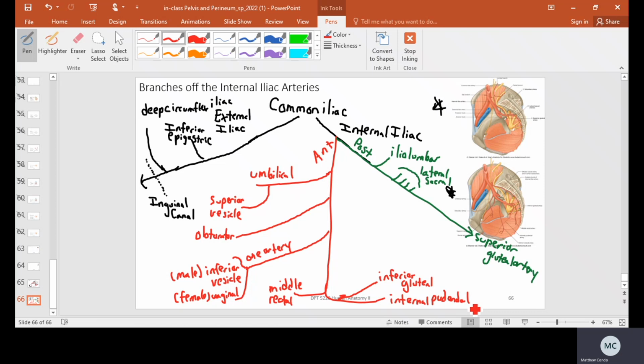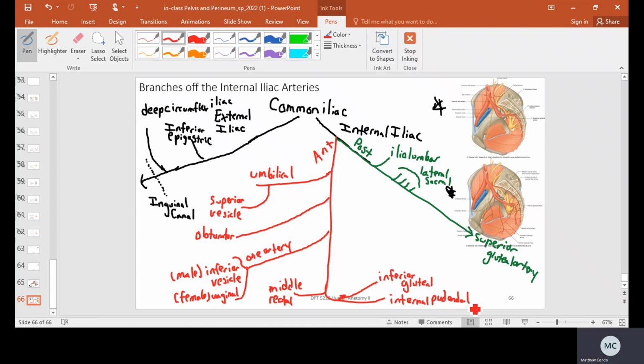Okay, so big things to remember here. Number one, my superior gluteal artery is a branch off the posterior division of the internal iliac artery. Inferior gluteal artery is a branch off the anterior division of the internal iliac artery.